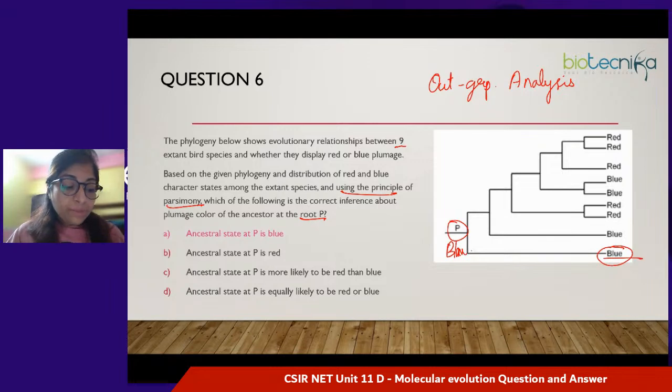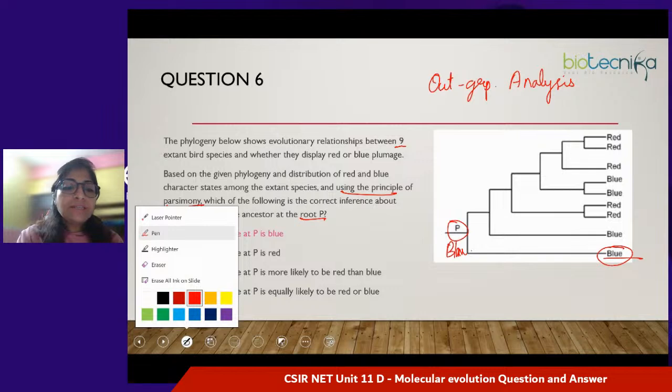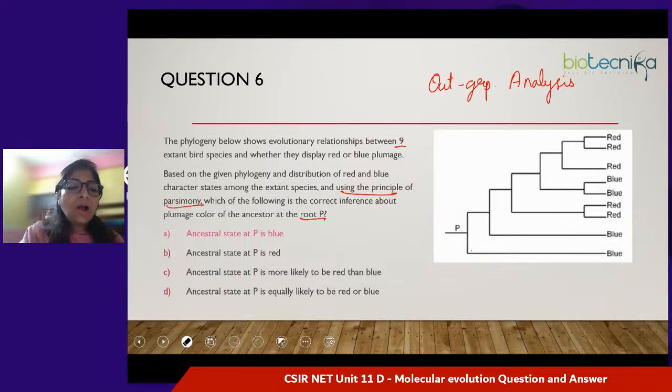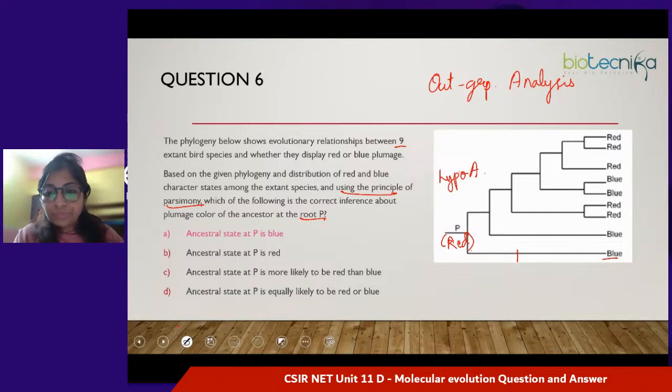Using that principle, let's see. If we say that the ancestor was red, I'm marking with red, then how many evolutionary events were required? This is one hypothesis we are making, hypothesis A. If we consider that the ancestor was red, then one evolutionary event has to happen here, which makes it blue.